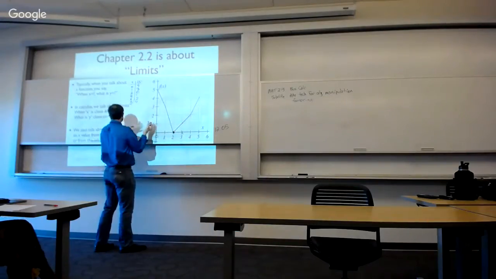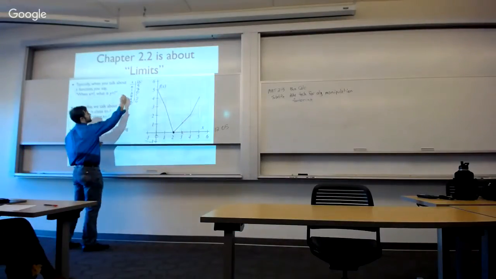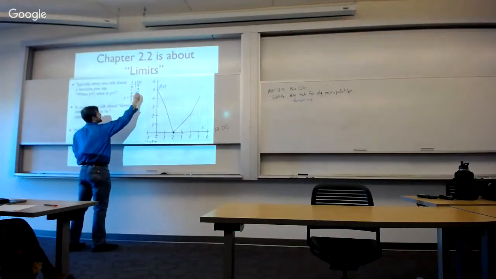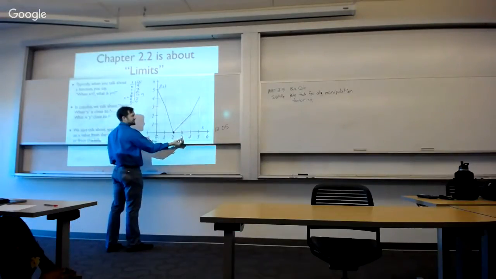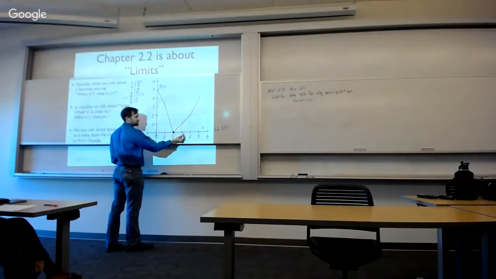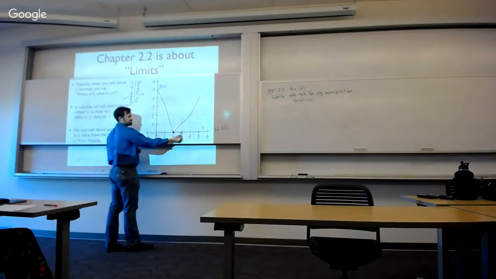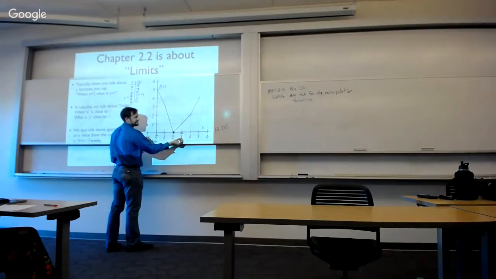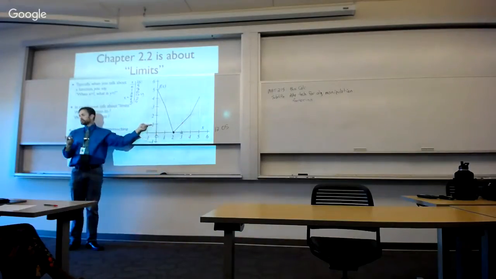1. So effectively, we're still saying the same thing. Originally I said when x equals 3, then y equals 1. But what if now I change my language and I say, let's say x is close to 3, either bigger than it or smaller than it. I could be just to the right at 3.1, I could be just to the left at 2.9. All I'm really saying is that if my x value is really close to 3, then my y value is going to be really close to 1.